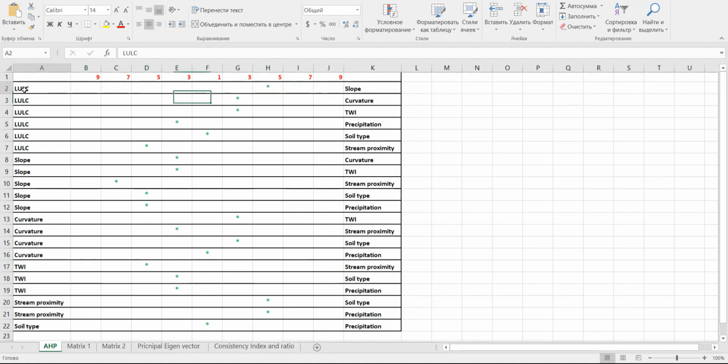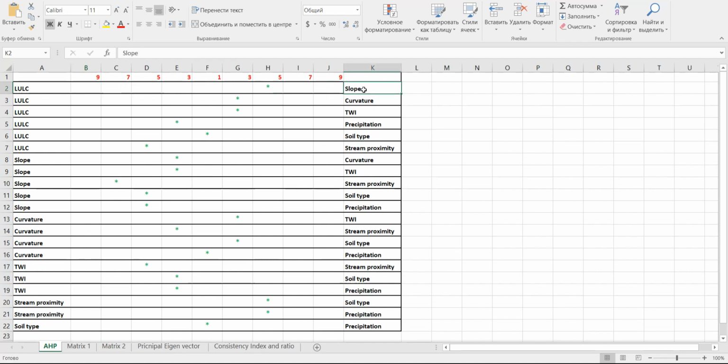For instance, in comparing the land use and land cover thematic layer with slope, 1 represents that they are both equal, so none of these thematic layers outperforms the other. Meanwhile, the edge value 9 represents that the other thematic layer is more important compared to the former one.